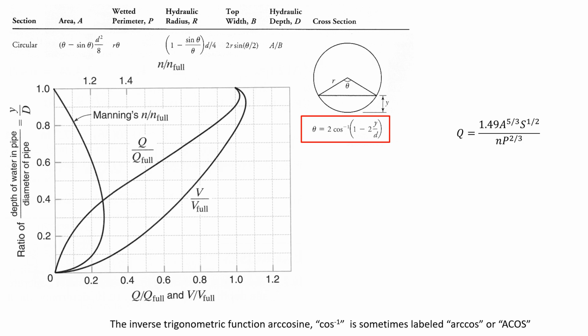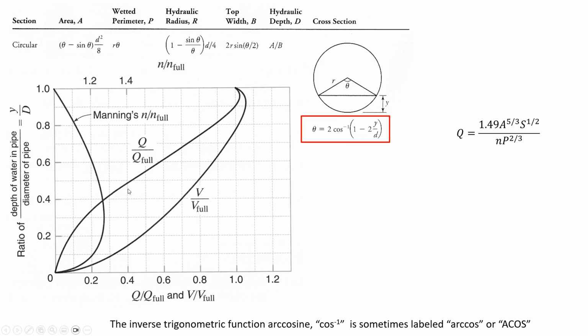Another thing that this figure is showing is the ratio of the flow rate compared to if the pipe was full. So one of our techniques for solving problems like this is just find the flow rate through the pipe if it was full, and then multiply it by this ratio.